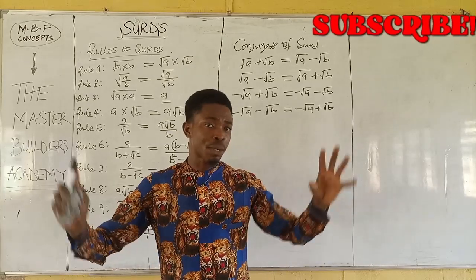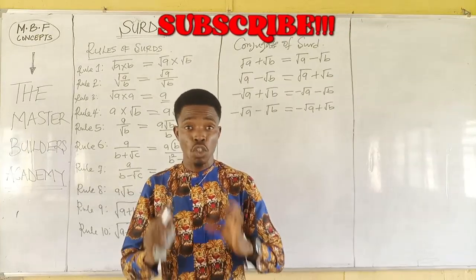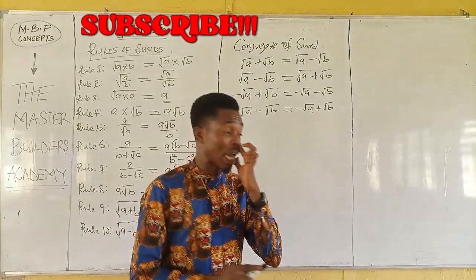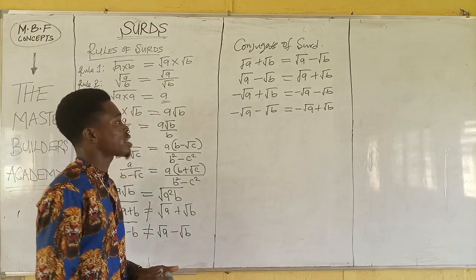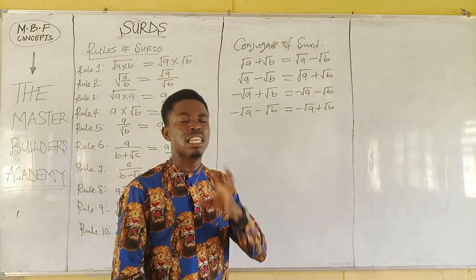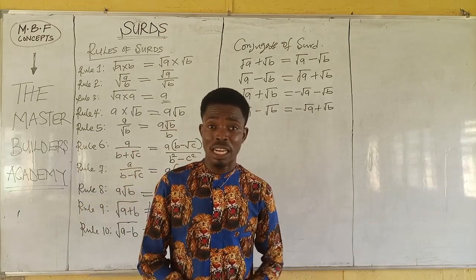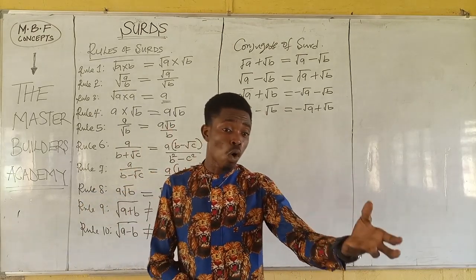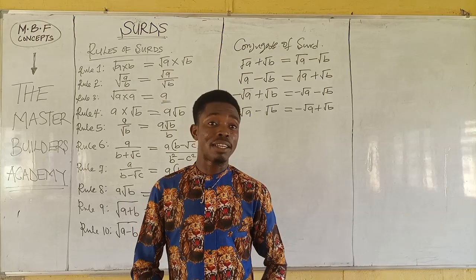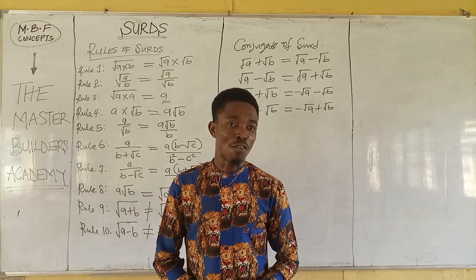So when you are dealing with the operation of surds under division, that is when you put the conjugate of the surd into consideration. Guys, the next thing we quickly do before we start solving problems is to look at the classification of surds. I like giving classification so that you know where to go and what is expected of you as a student.